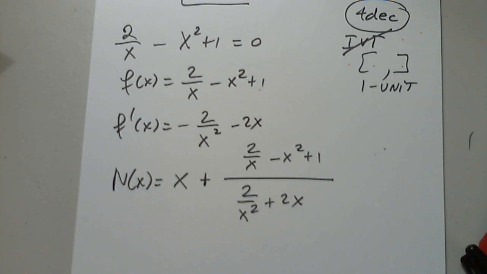So x, and then plus, parentheses around the numerator, 2 over x minus x squared plus 1, close, divided by, parentheses again, careful, 2 over x squared, and then plus 2x, and close.